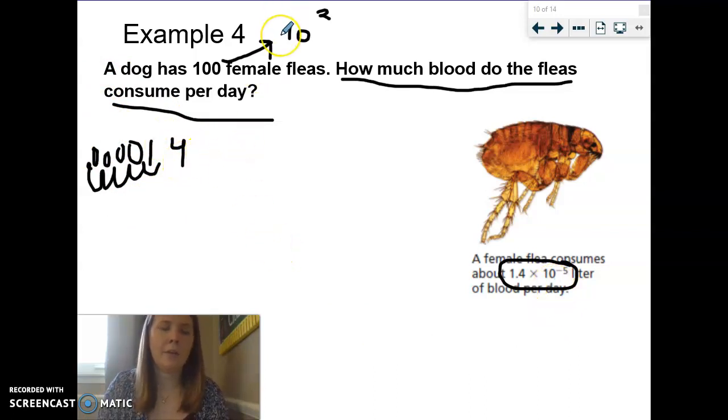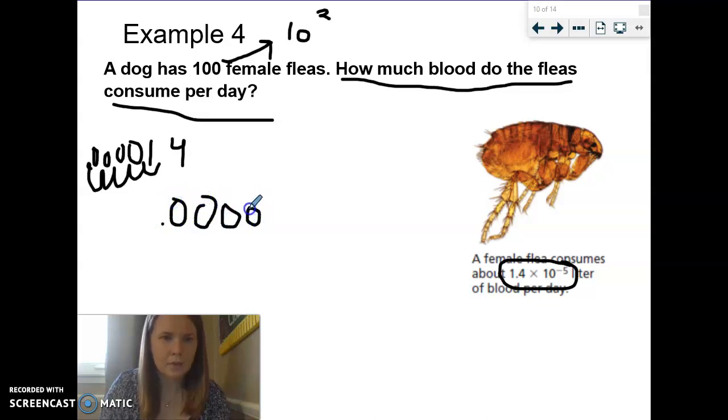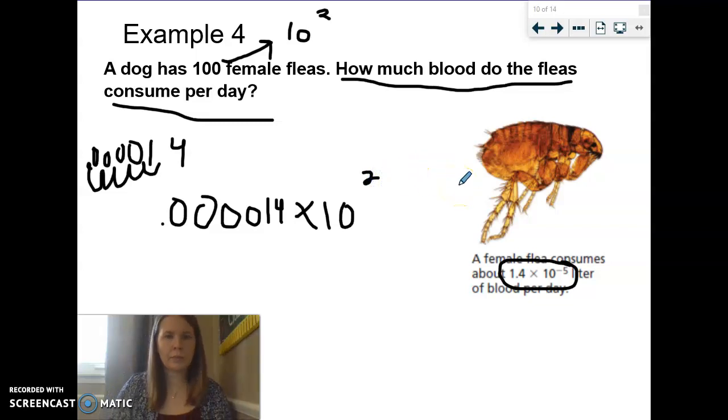So I've done it this way where I first figured out what this is in standard form. I need to figure out, though, 100 female fleas. So basically, I'm going to take this number and multiply it by 10 to the second. Now, typically this is not written in standard form, but the rules still apply.